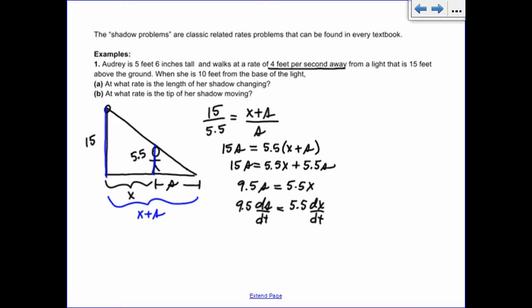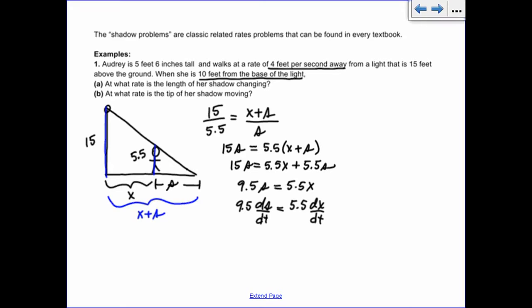So basically, it doesn't matter how far she is from the base of the light. That's what throws people off. That 10, completely useless. We never have to plug that in. In the real world, with physics, if she's like 1 mile away from that light, is she really casting a shadow? Not really, because that light is kind of dispersed.